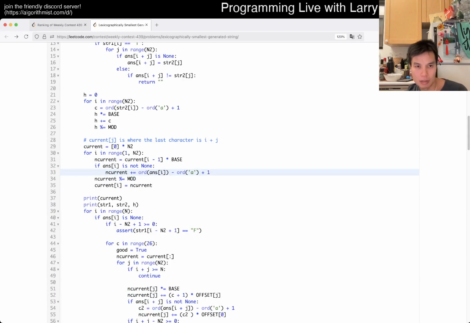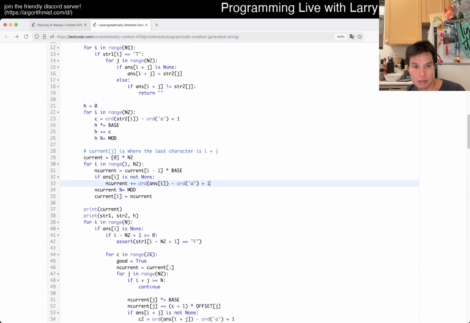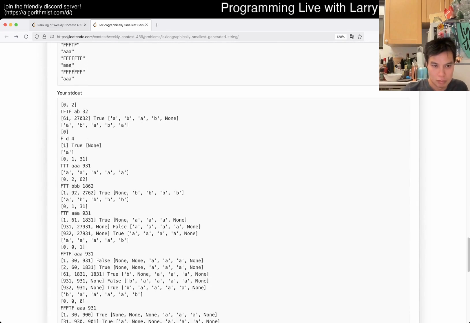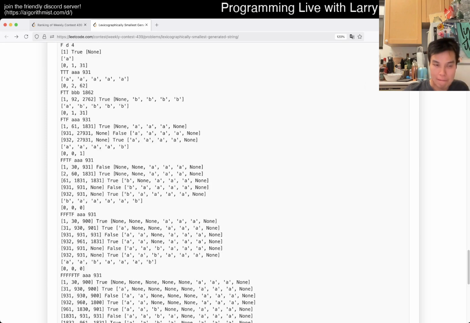Answer sub I. So this should be 0. Okay, so if this is the last character, this should go back 2 more indexes, so 1 is fine as a brute force.